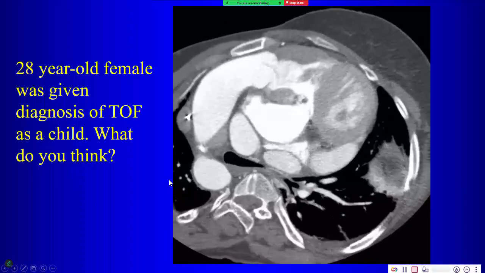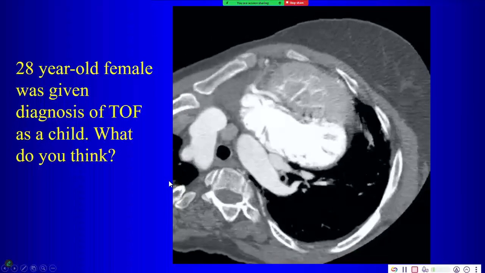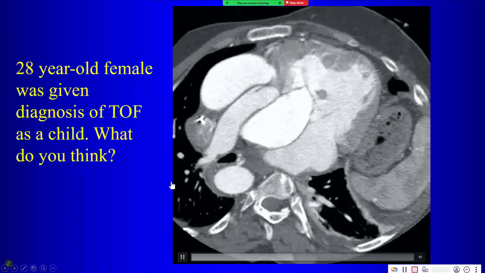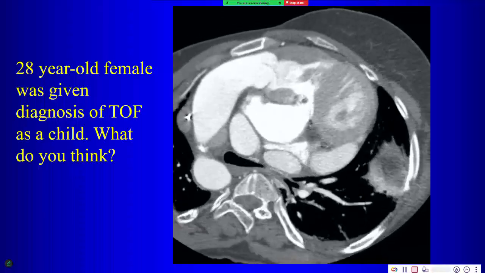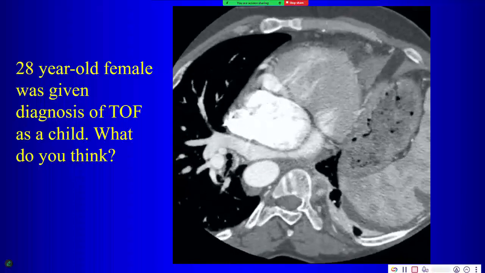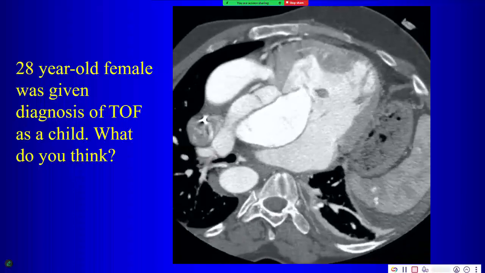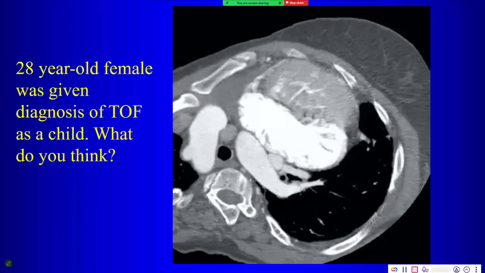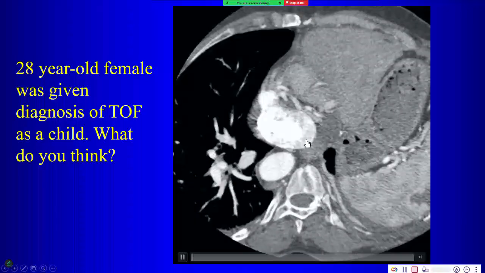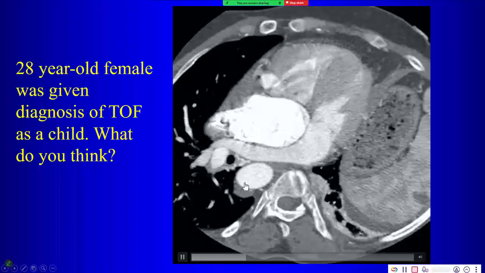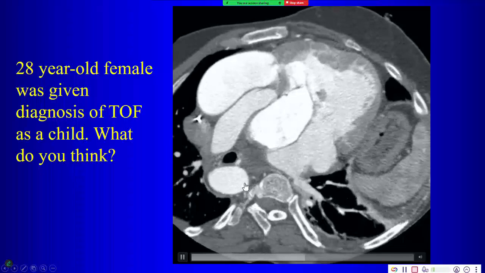All right, so now you have to look for the pulmonary artery. Where does the pulmonary artery come from? Well, did you find the pulmonary artery? Yeah. So where's the pulmonary artery? Let me know if you see where it is.